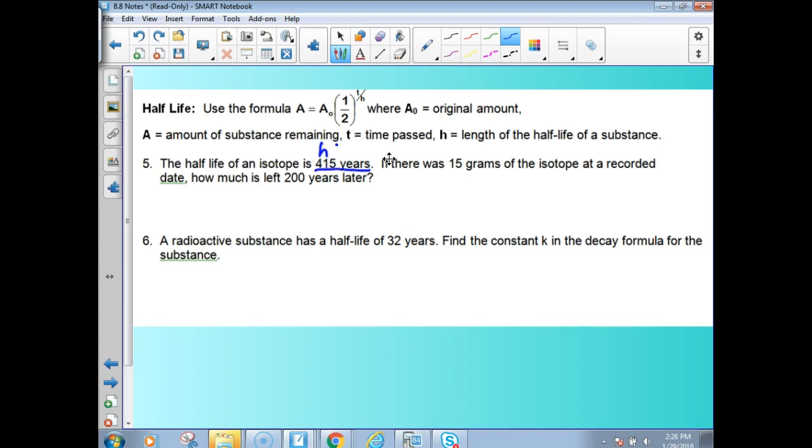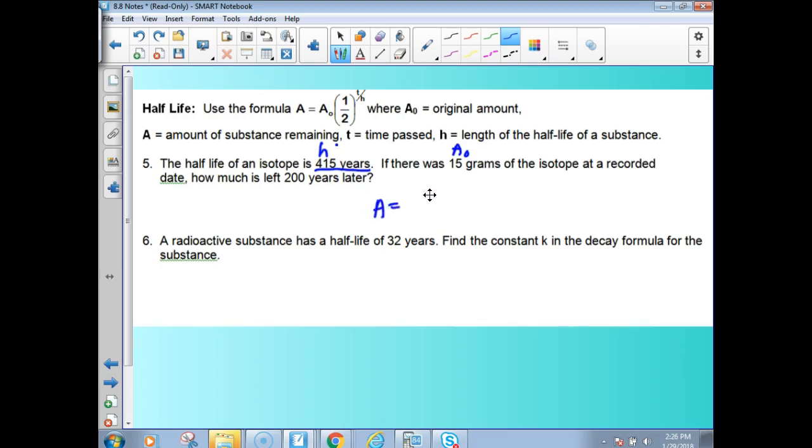If there are 15 grams of the isotope at a recorded date, how much is left 200 years later? We're going to let that initial amount be 15, so that's our A sub 0. All right, so here we go. We're going to do amount.